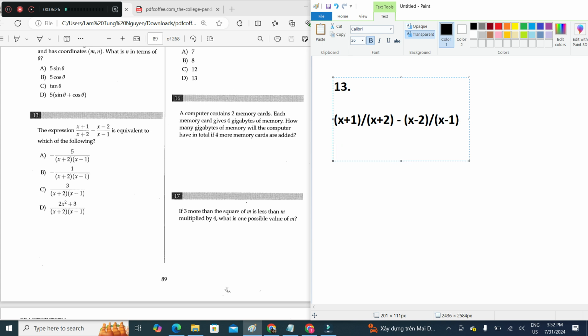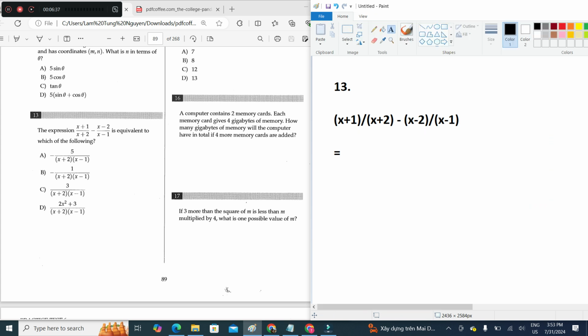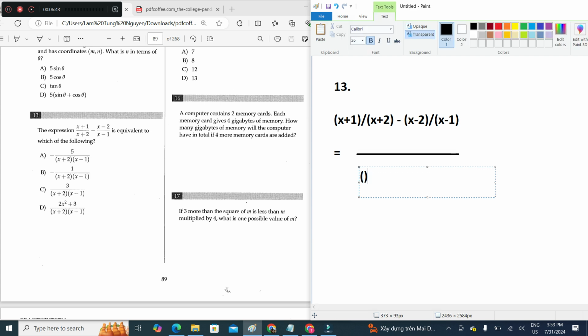So we're going to multiply the two denominators to get the common denominator, right? So the denominator is going to be (x plus 2)(x minus 1).